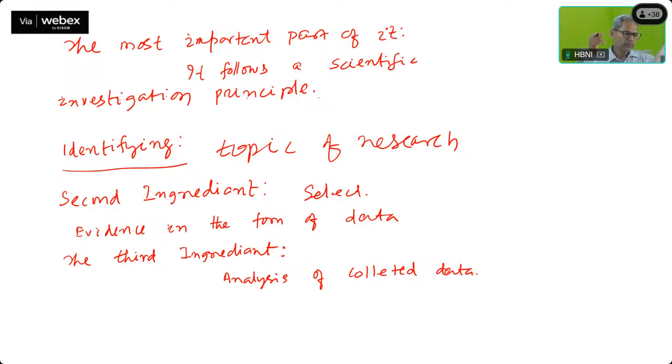But then there are some statistical procedures we follow to develop indices or measures to summarize the data collected. Because a large amount of data is there, to give it some meaning, you calculate what is known as the mean or variance. You have to do statistical analysis of your data.